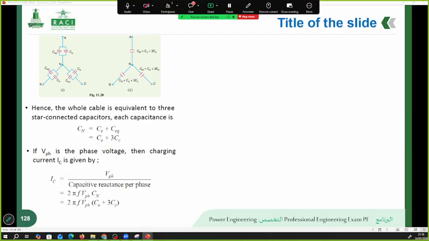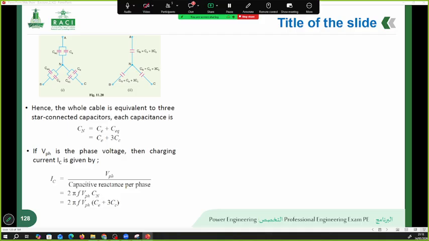So then this slide explains how to derive the equivalent capacitance and calculate the charging current for a three-core belted cable. This figure shows the final equivalent circuit for the cable's capacitance.